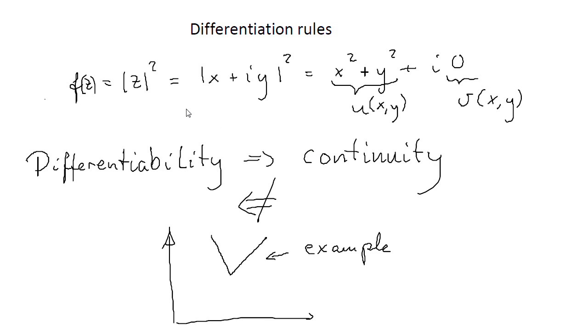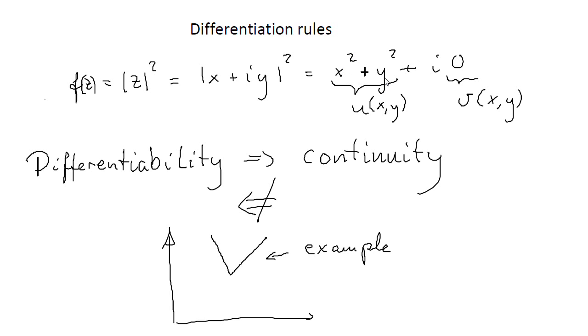It may come as a surprise for some of you that the function in the previous example was not differentiable. We note that the function, which is the absolute value of z squared, is just equal to x squared plus y squared.